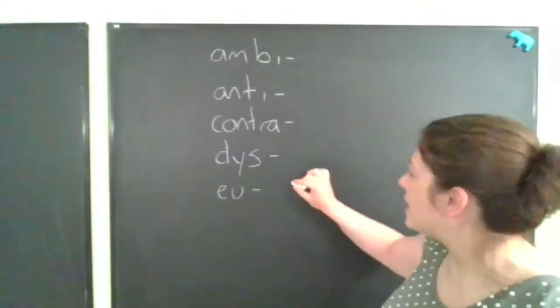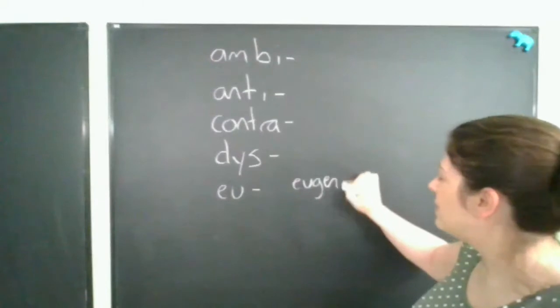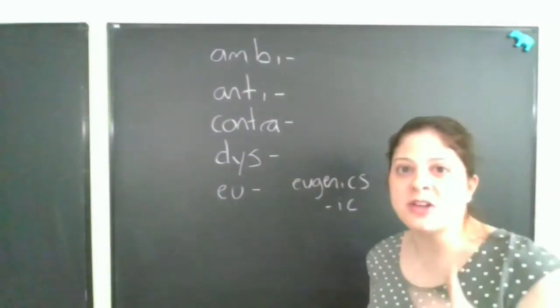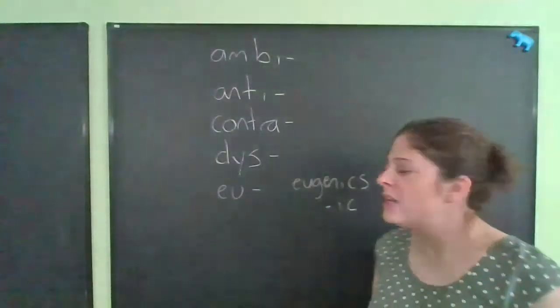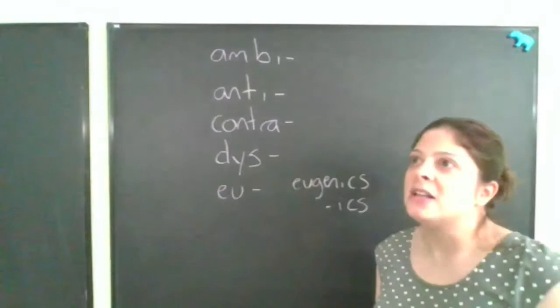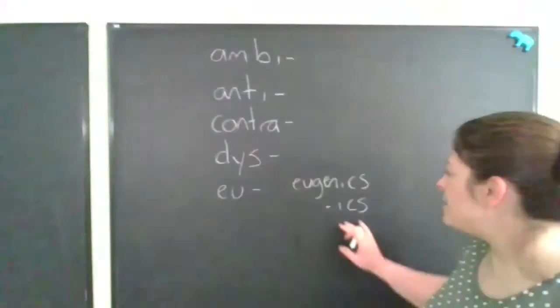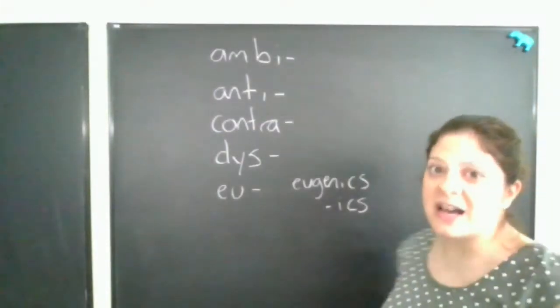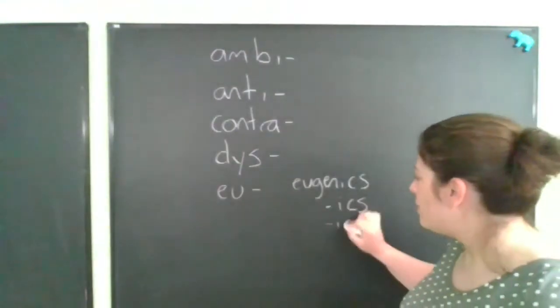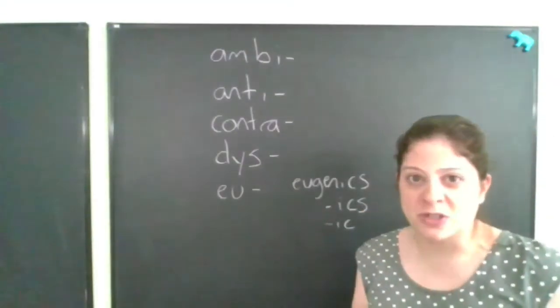I'll note too with eugenics, because I don't add this officially to our list, we've studied ik as a suffix, as an adjectival suffix from Greek, and here we have ICS, and it shows up in a number of areas of study, like mathematics. And you will see this IC with the S at the end is sometimes used instead of regular ik for an area of study or science.